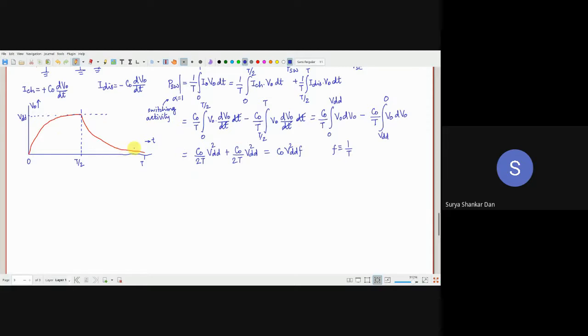Whenever there is a switching, as you can see, that means the switching activity is 1, that means there is definitely a switching. So the actual value of the switching power consumption will be P switching equals alpha CO VDD square into F.